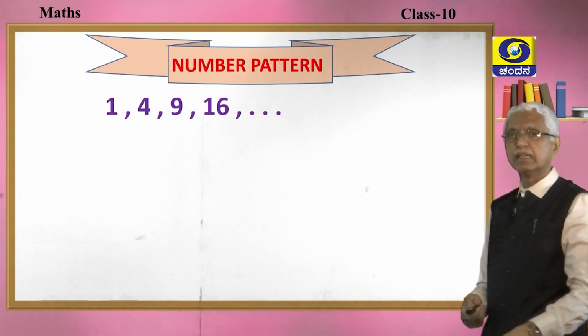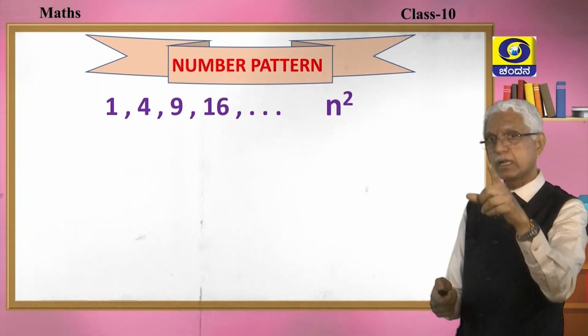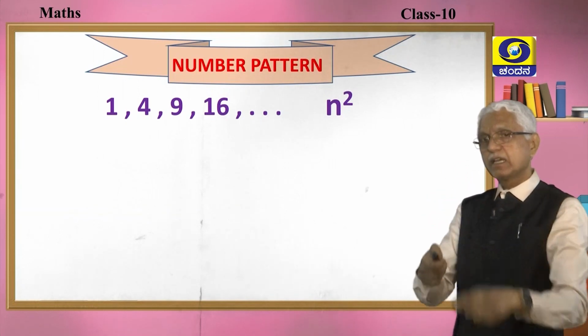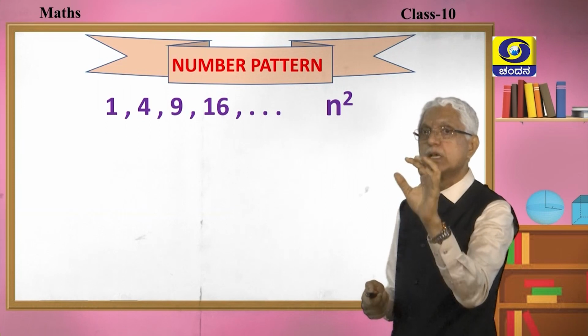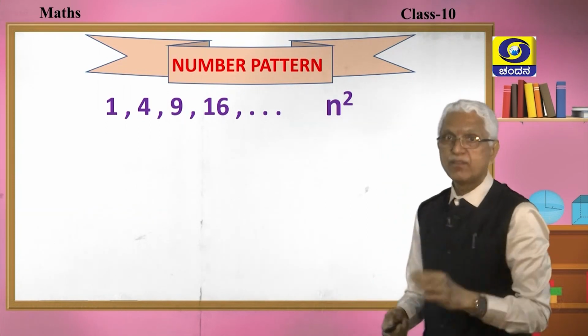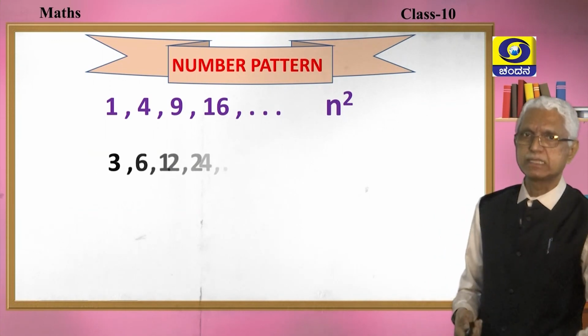Wonderful, that's good. Then, my dear children, please watch. If it was 1, 4, 9, 16, they have been written according to some rule, namely n square, where n is a natural number.